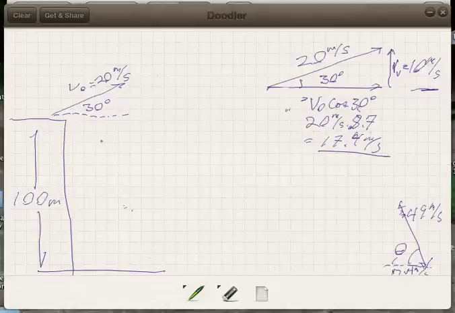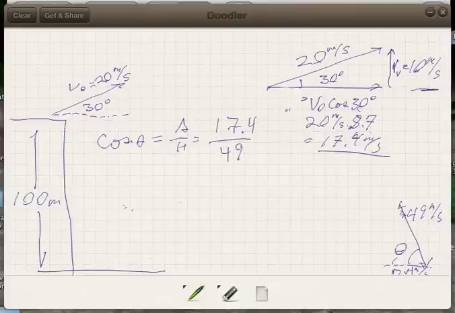That's cosine of theta, which must be adjacent over hypotenuse, is 17.4 divided by 49. Okay, so 17 times 3 would be 51. So that's a little bit high. Yeah, so about 0.3 is about right. And so cosine of theta equals 0.3.